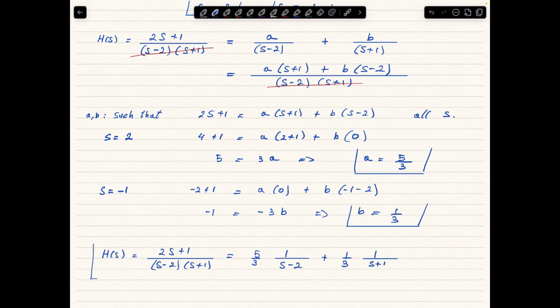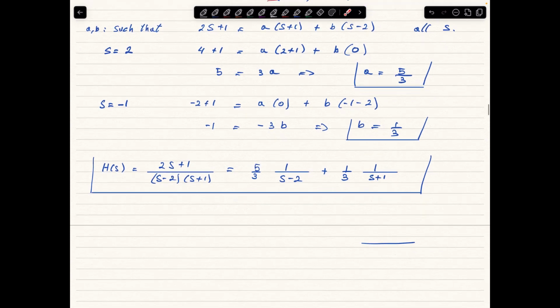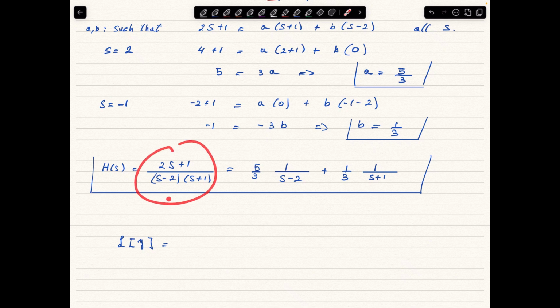You can verify by adding the right hand side, and you are going to obtain exactly that. So now the Laplace transform of the solution we are looking for was equal to that, but now it's equal to this. So let's copy this over.